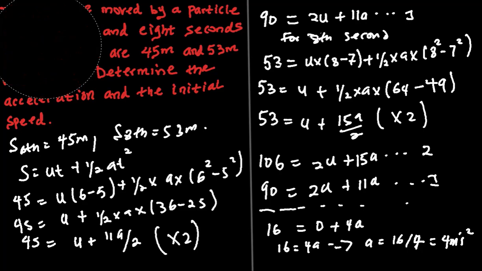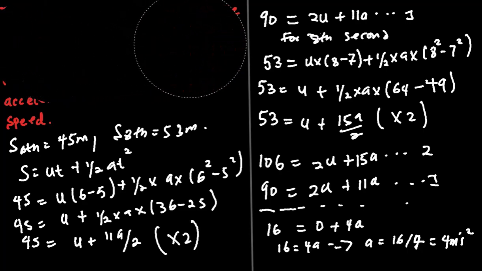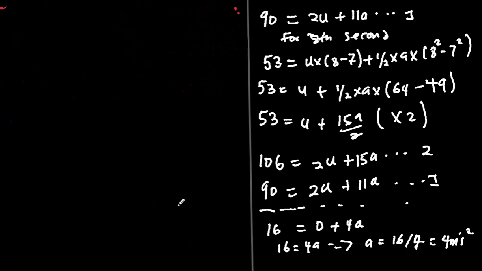All right. Now let's look for initial velocity. So acceleration is equal to 4 meters per second squared. Now you can use any of these equations to look for initial velocity. So let's use equation 1, looks simpler. 90 equals 2u plus 11 times 4.